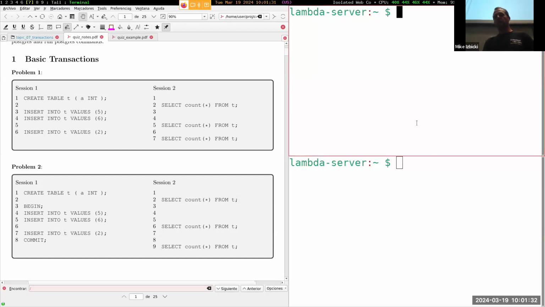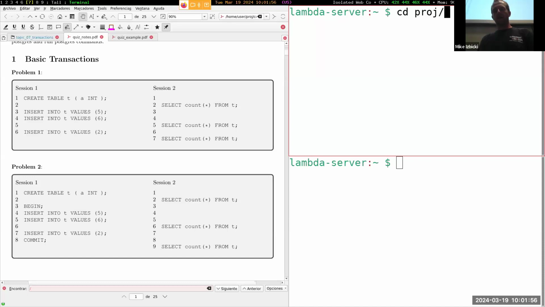On both of these two terminals, I'm going to connect to a running Postgres instance. For these quizzes, it doesn't matter where you get these Postgres instances from. We're not going to be using any existing data. We're just going to be running these commands in these sessions, which will use tables that are created in the problems themselves.